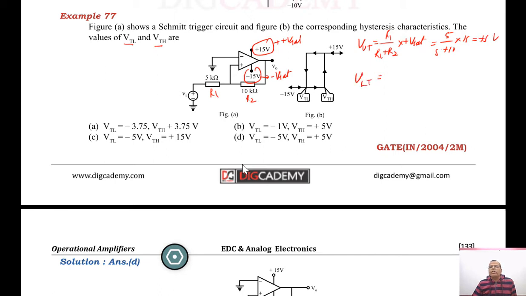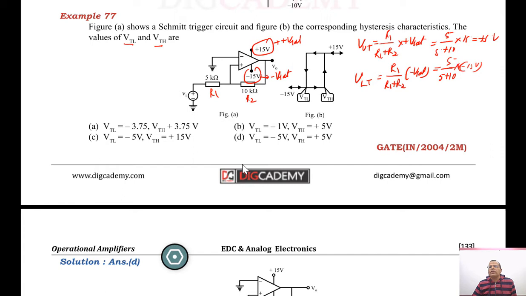Lower threshold voltage, let us see that again, R1 by R1 plus R2 into minus Vsat. Why? Because for lower threshold it is negative, so this is 5 by 5 plus 10, right, into, now threshold voltage in this case is minus 15 volt, right?